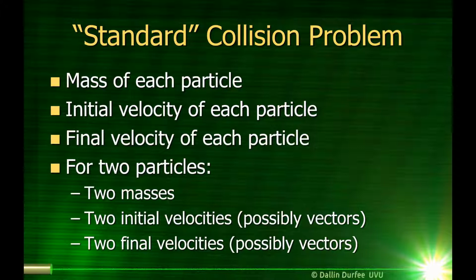So, for example, if I knew the two masses of the objects and their initial velocities and I wanted to find their final velocities, there are two final velocities, and so there are two unknowns, so I'm going to need two equations. And where do we get our equations from? Well, the first equation is conservation of momentum, because momentum is always conserved in a collision.